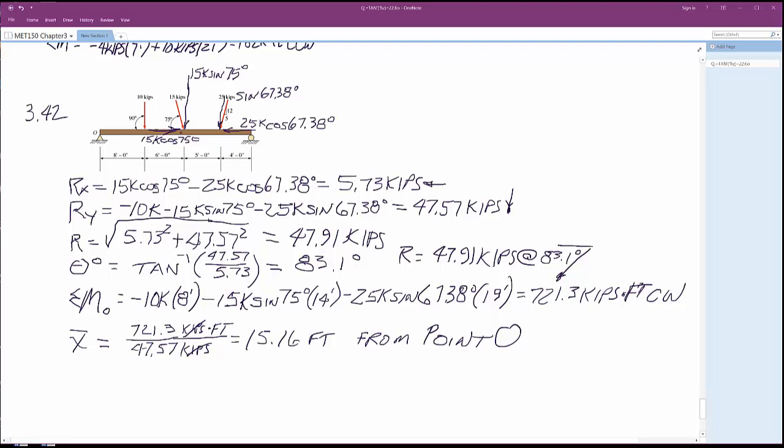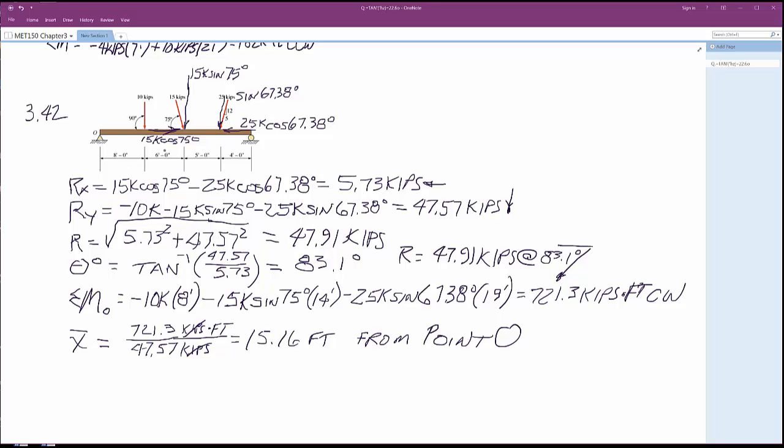If you try to use the x, it's actually 0, isn't it? Because it's acting on that beam right down through the axis. So that's what's going on there. And that's the final answer then. It's 15.16 feet from O relative to the x-axis. Okay, so that's problem 342.